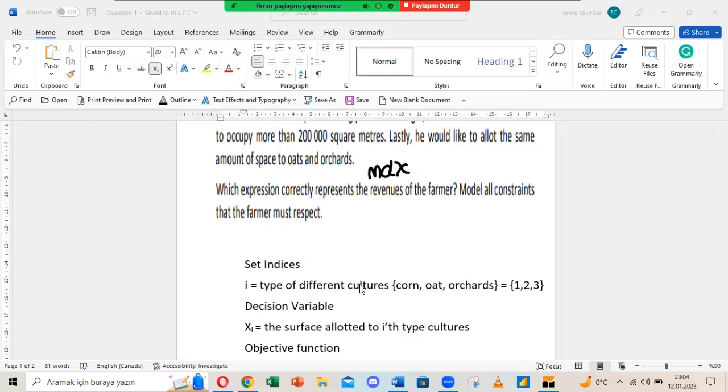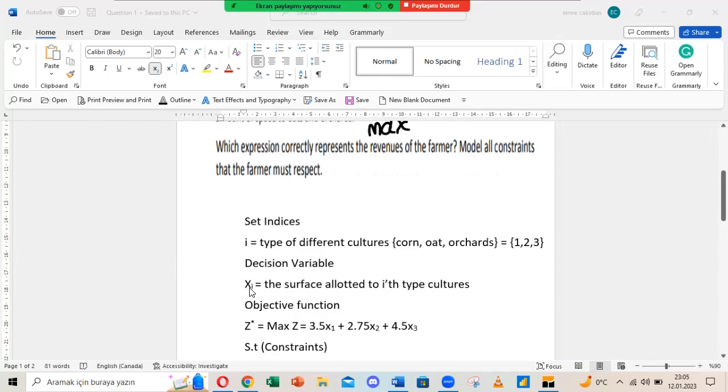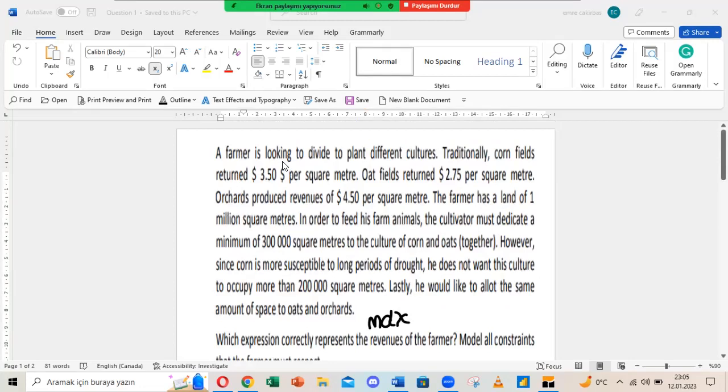Then we have to define a decision variable that is related to the objective function variables. We can say xi, yi. This decision variable represents the surface allotted to the ith culture.